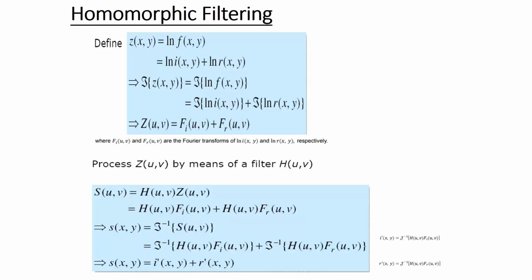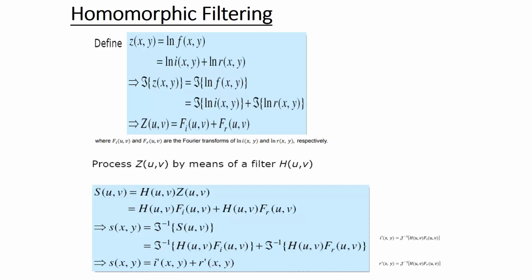So we choose another method in which we take the log of the input image. So z of x comma y is equal to ln f of x comma y, which can be further expanded as ln i of x comma y plus ln r of x comma y.